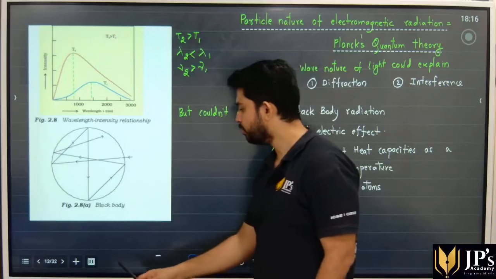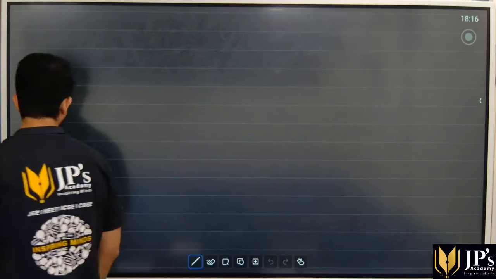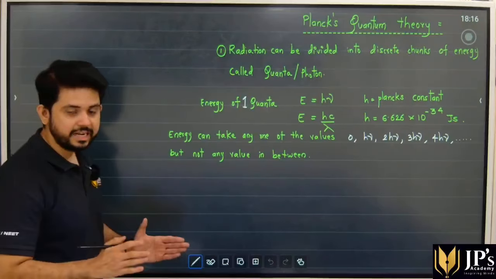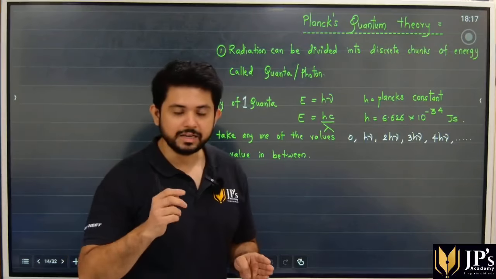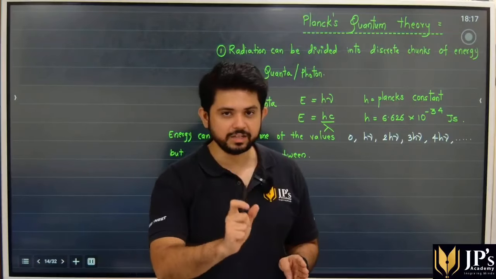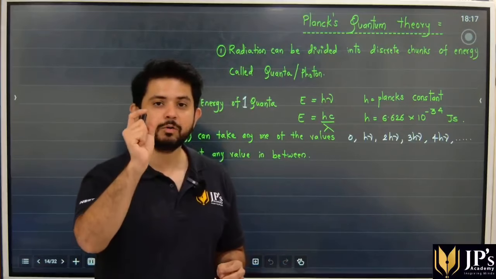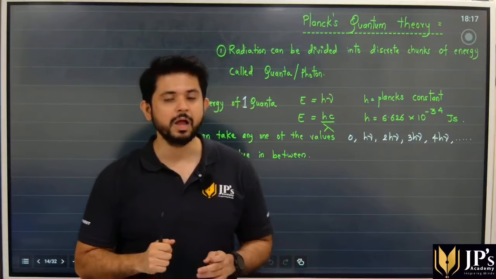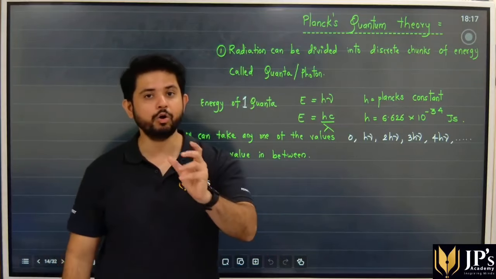Moving ahead, students, what exactly is Max Planck's quantum theory? Radiation, students, is not continuous. The energy here is discrete, in the form of small bundles of particles called quanta or photons.